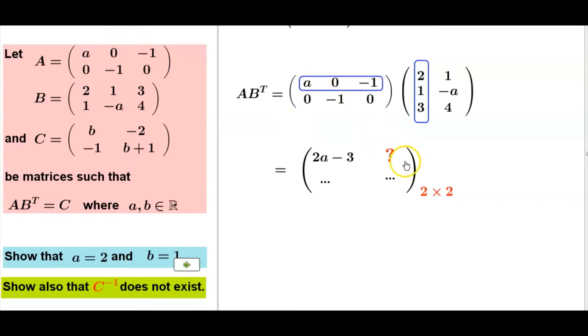Then this element is obtained by multiplying the first row and the second column. Corresponding elements we multiply and add: A into 1, A, 0 into minus A, 0, minus 1 into 4, minus 4. Therefore A minus 4.